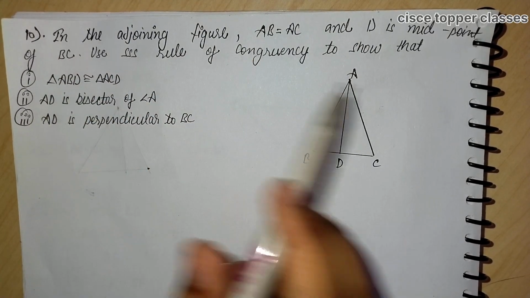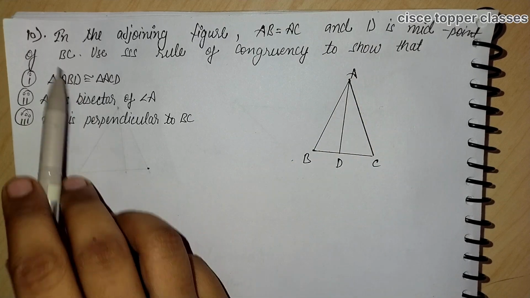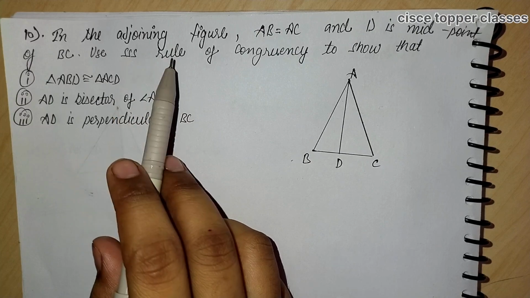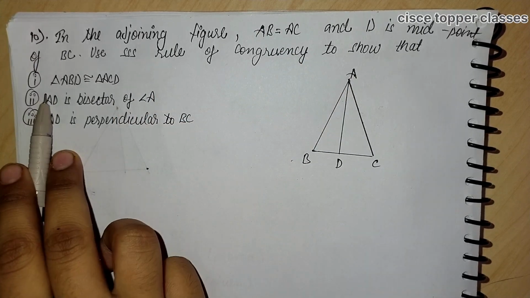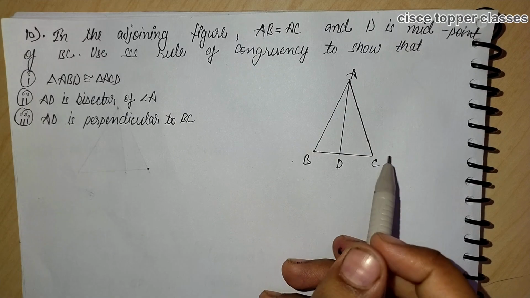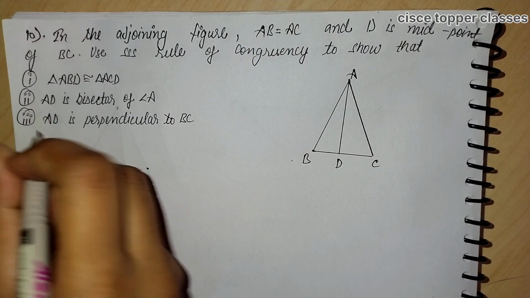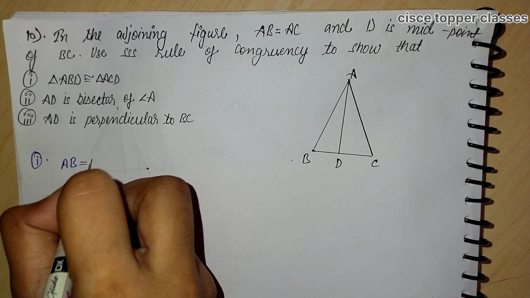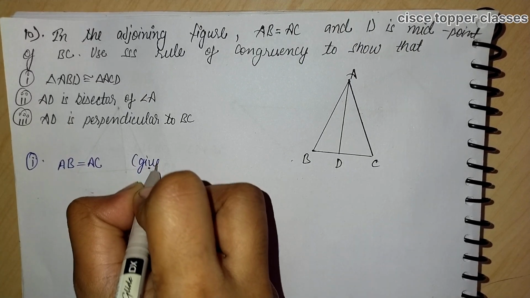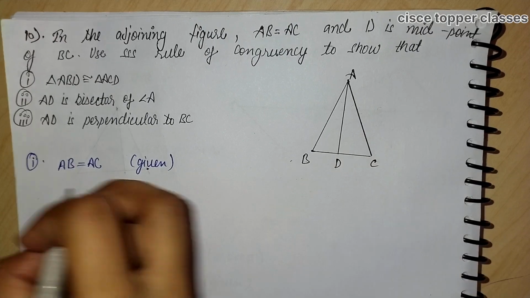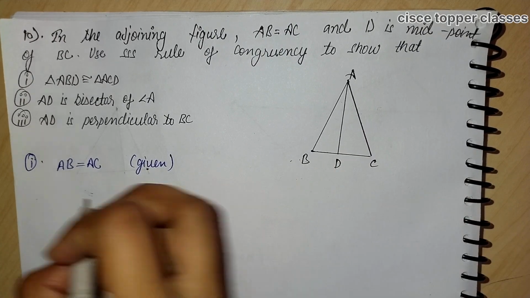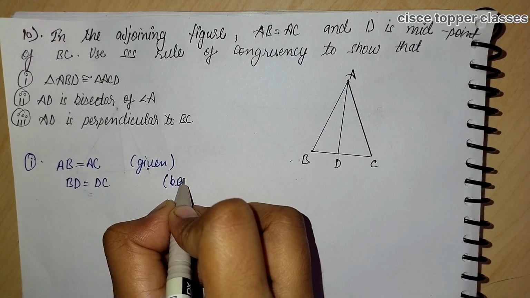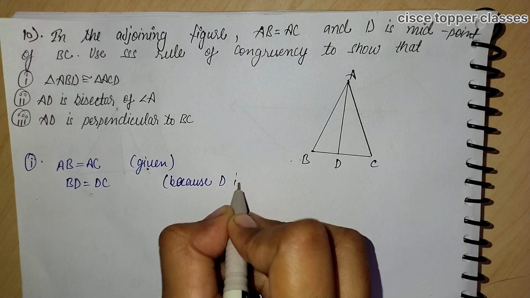Now let us solve the 10th question here. In the adjoining figure, AB is equal to AC and D is midpoint of BC. Use SAS rule of congruency, SSS rule of congruency to show that triangle ABD is equal to triangle ACD. So to prove this first part, we can simply write the given information firstly, that AB is equal to AC. So this is given to us. Now we have D as midpoint. So simply we can write BD is equal to DC, because D is midpoint.